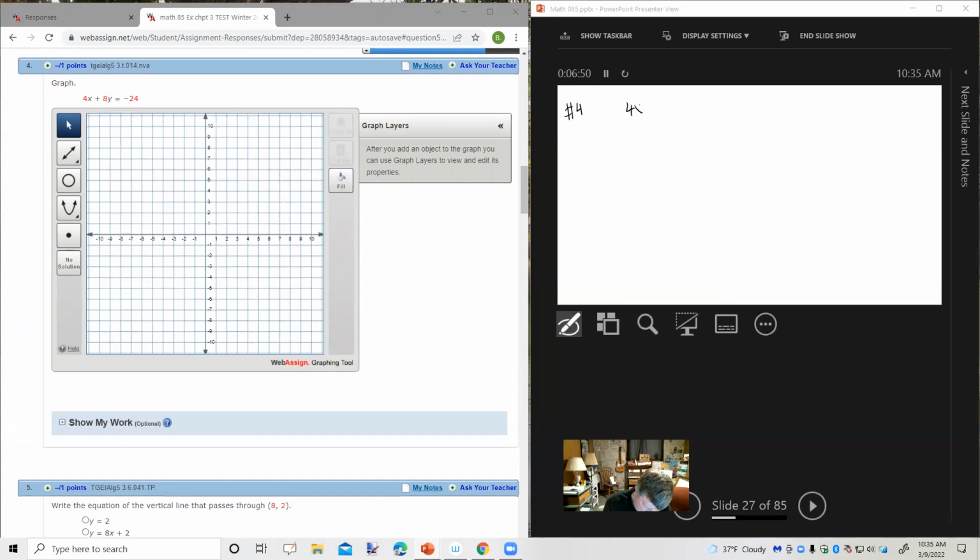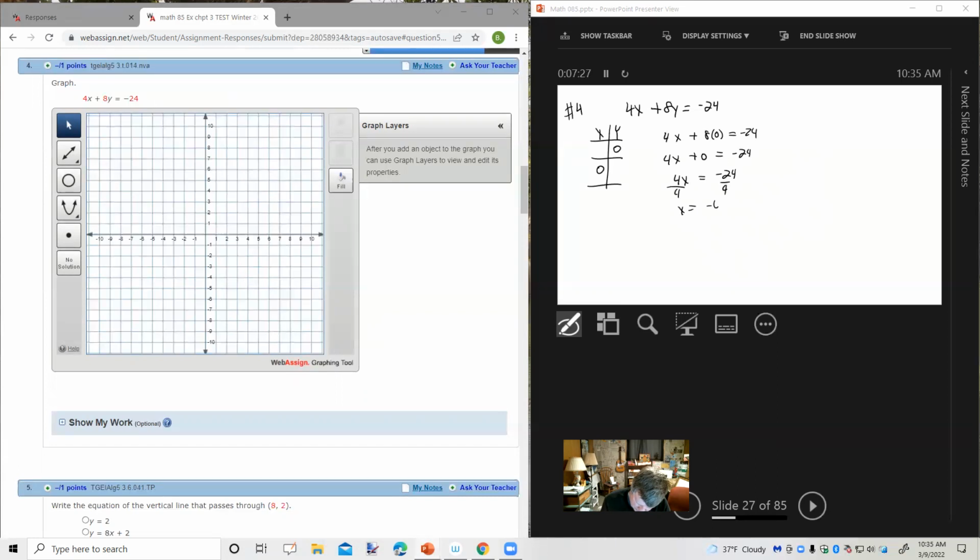Graph 4x plus 8y equals -24. It doesn't say whether to find x and y intercepts or just random ordered pairs or whatever. I'm going to go ahead and find the x and y intercepts. So basically, I'm going to do the same thing I did a minute ago, but graph it rather than just find the ordered pairs. So if y is 0, I get 4x plus 8 times 0 equals negative 24. 4x plus 0 equals negative 24. 4x equals negative 24.